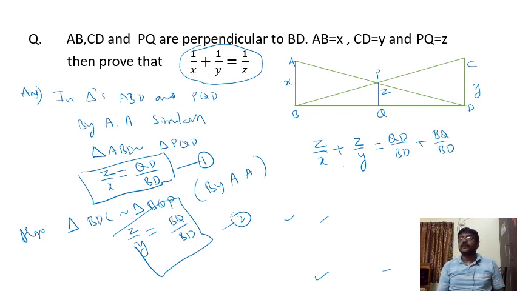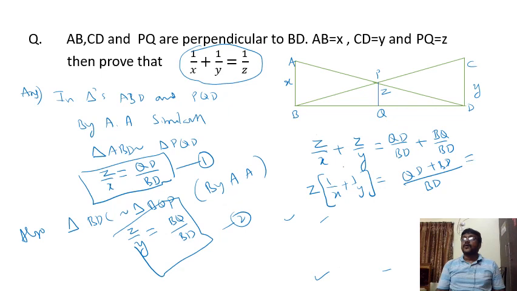You have a z common, take it out. z times (1 by x plus 1 by y) is equal to, the denominator is the same, BD, so QD plus BQ by BD. What is QD plus BQ?